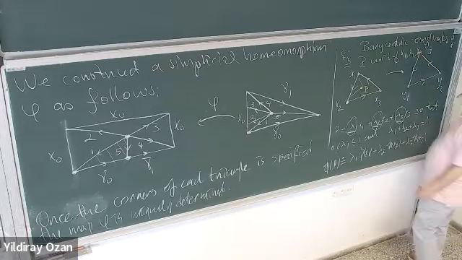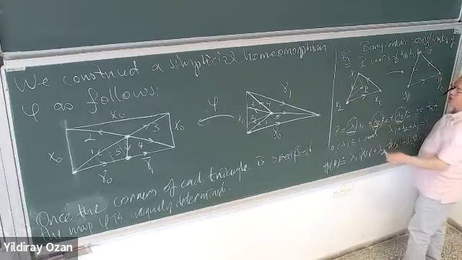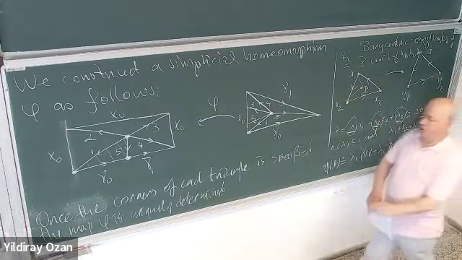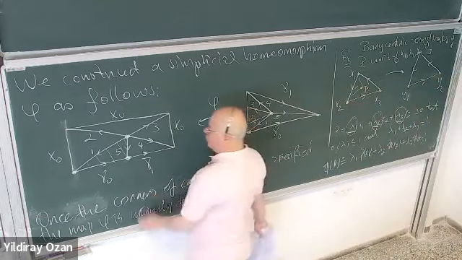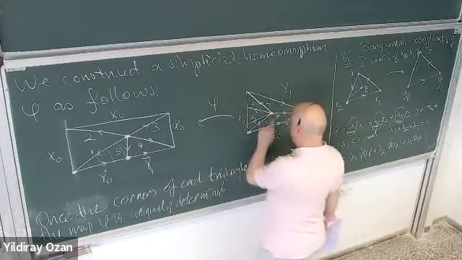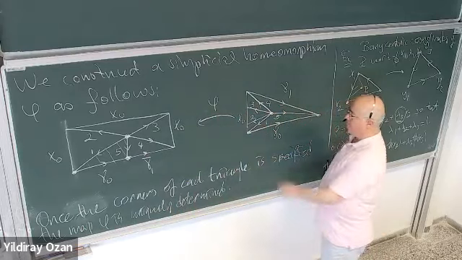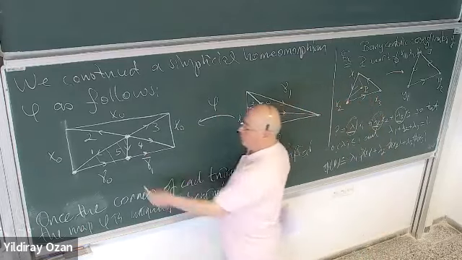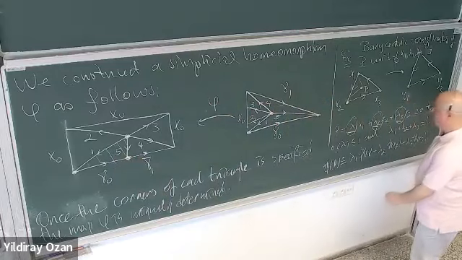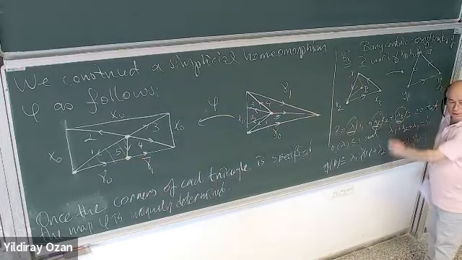So all you have to do is just decide where these points are mapped. So in this picture, you just specify all these points, their images, okay? And then in each triangle, you apply this method.